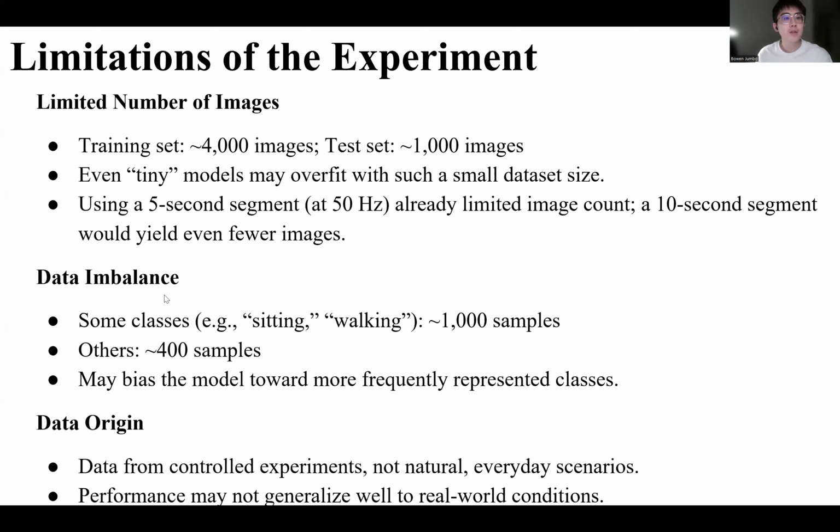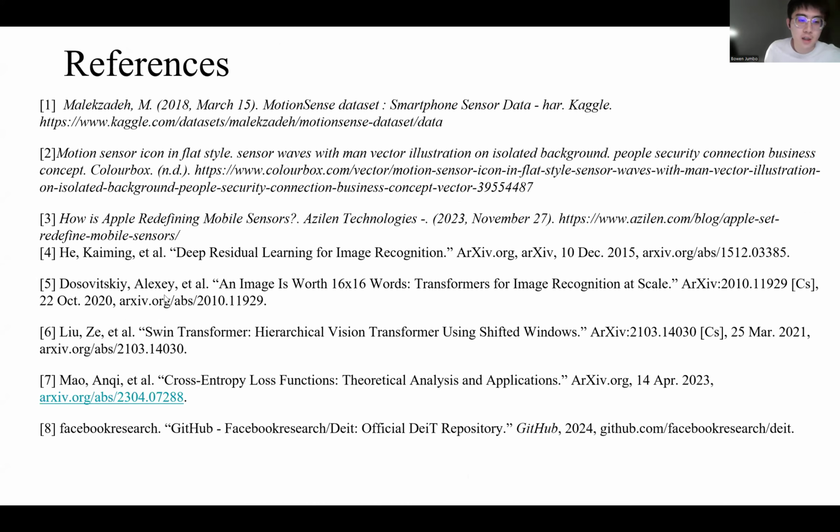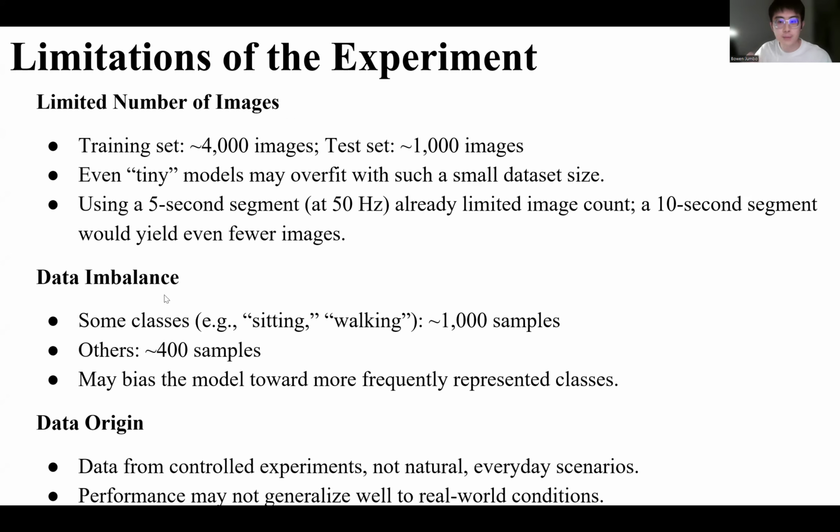And then, this is a mistake: each time series window is 10 seconds. So if we choose 20 seconds, the number of pictures will be only 2,000. Here is the mistake. I will change it before. It is difficult for the algorithm to learn.